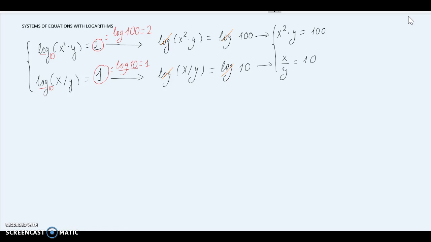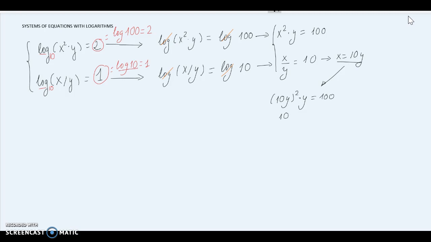I'm going to use the substitution method to solve this system. So x equals 10 times y. I substitute this in the first equation. So I will get, in brackets, 10y squared times y equals 100.